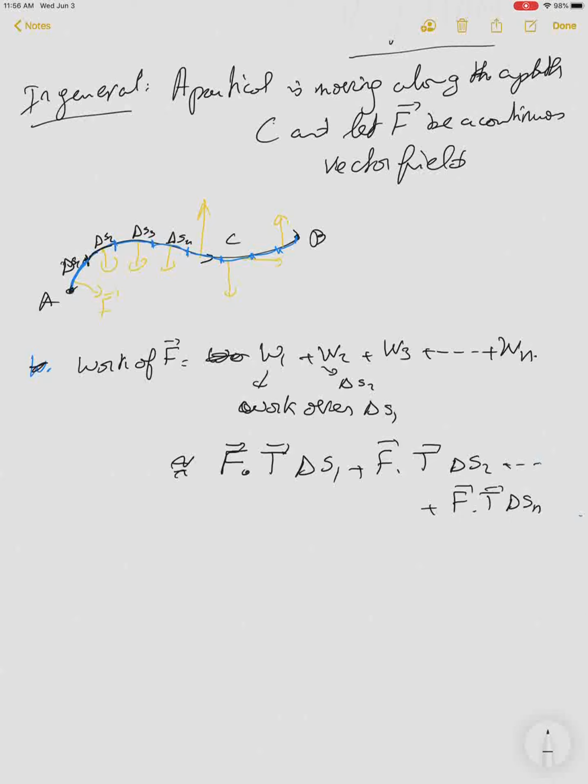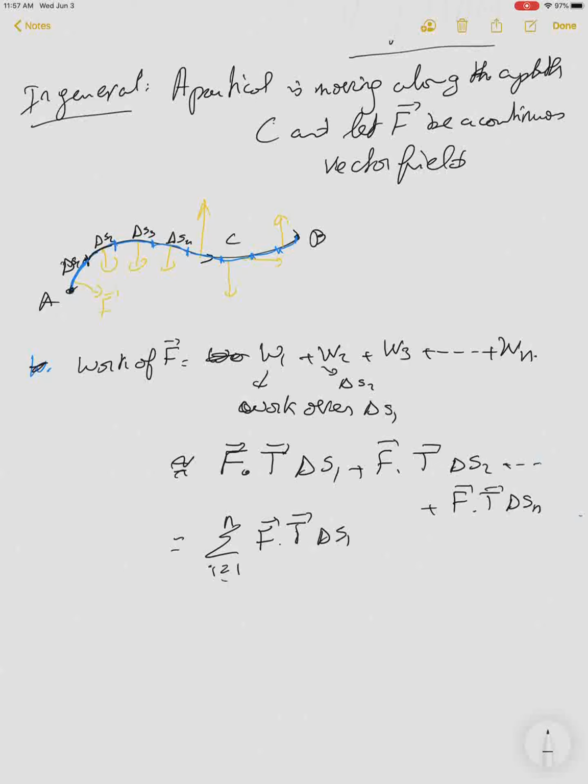So what I'm really doing is dividing the curve into small pieces, and these small pieces are approximately line segments if I take them small enough. So this is equal to the summation from i equals 1 to n of F dotted T delta Si. But is this exactly equal?